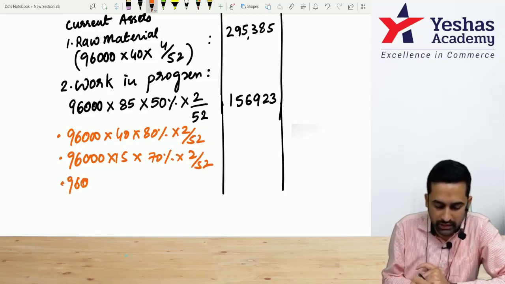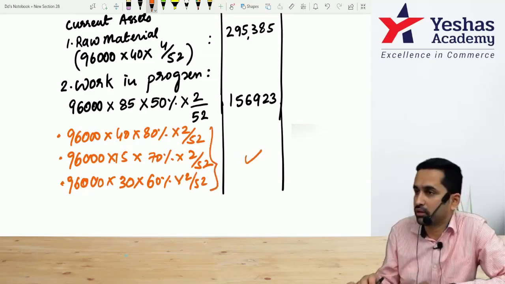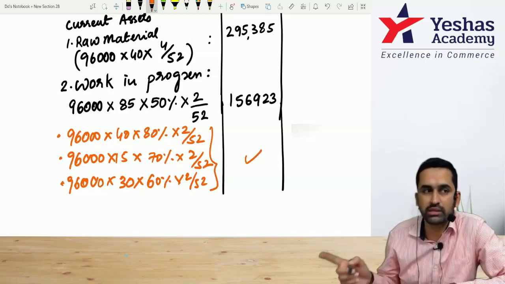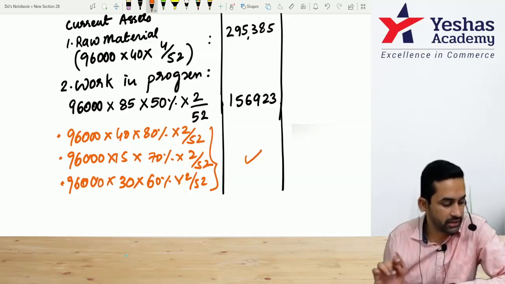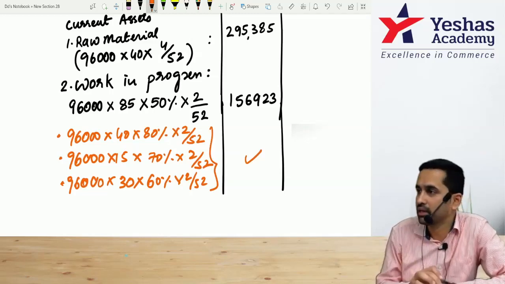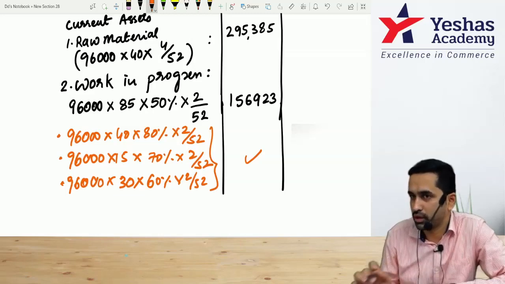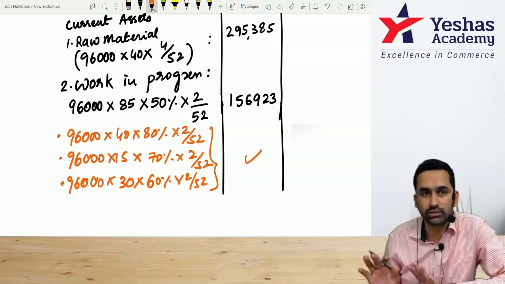And overhead 96,000 into 30 rupee, if they give another 60%, into 2 by 52. Add all of this, and that will be the value of WIP if the DOC is separately given. Correct. But in this question, in brackets they said 50% complete in all respects, therefore I took the full 85 into 50%. Not every time are we going to do this full 85, it depends on the data in the question.